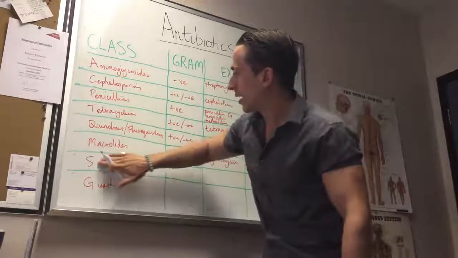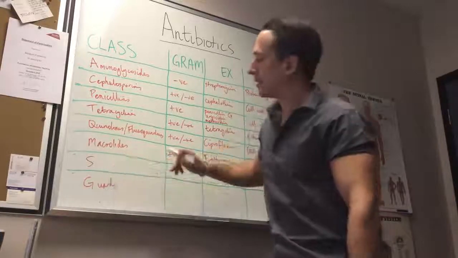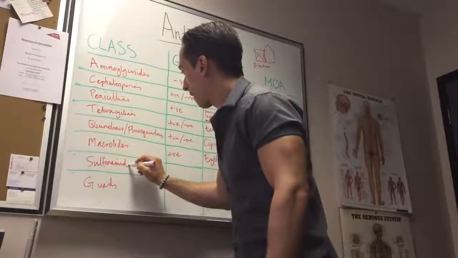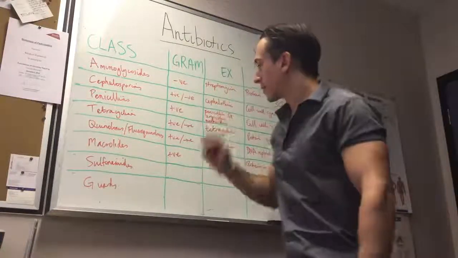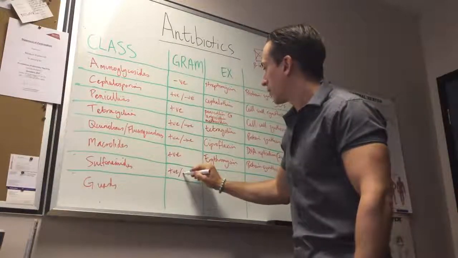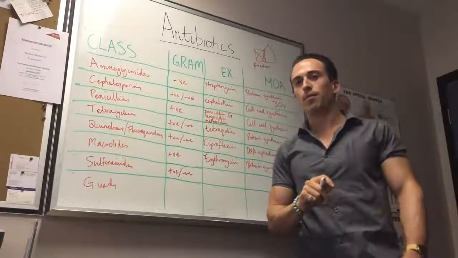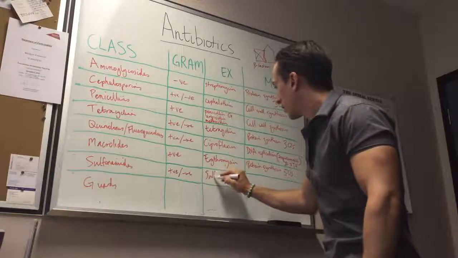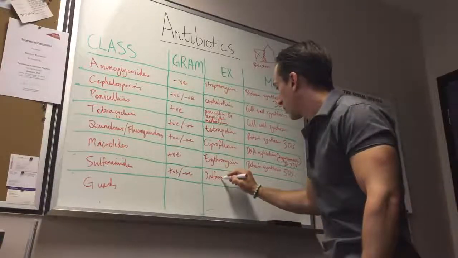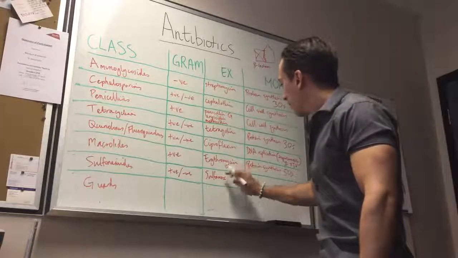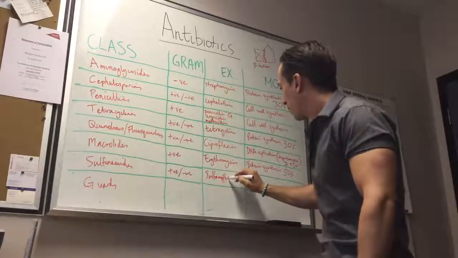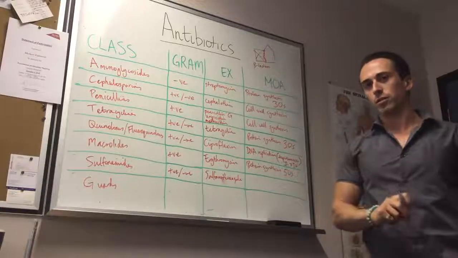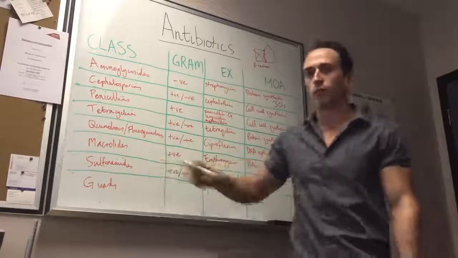Let's move on to S, and S is the sulfonamides. The sulfonamides can affect both gram-positive and gram-negative bacteria, and one of the antibiotics is sulfamethoxazole.